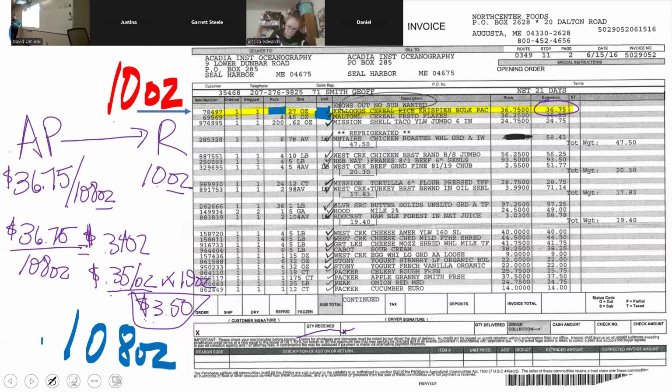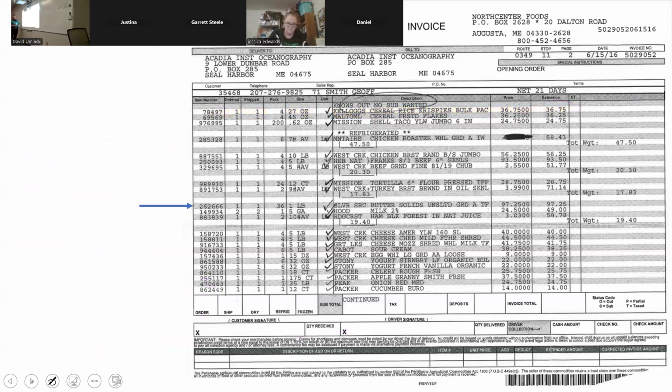Questions, comments, concerns? Let's do another one. All right. So in this case, I'm going to do yellow. We're looking at butter.